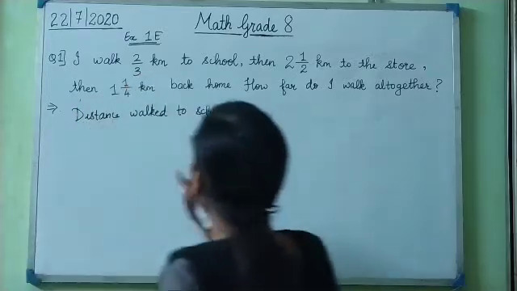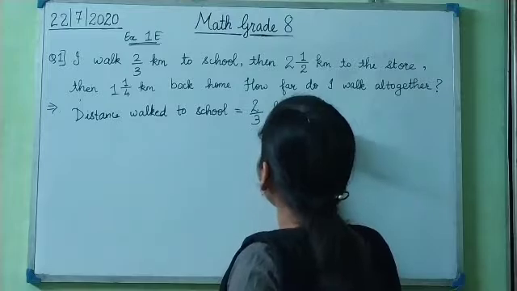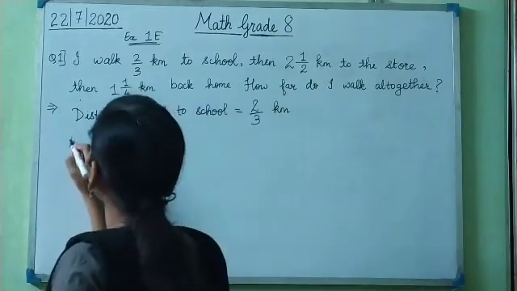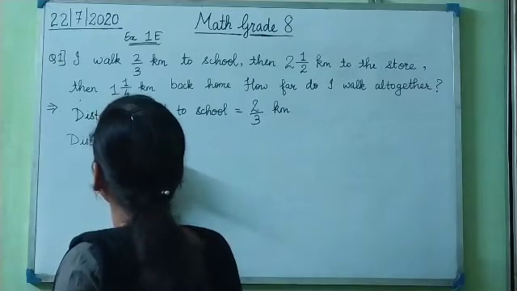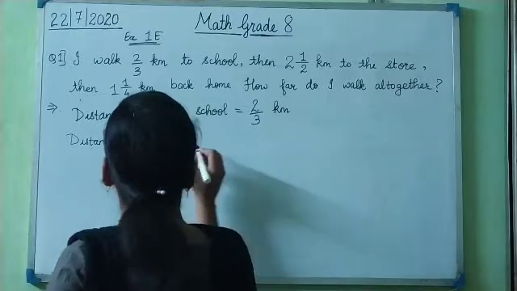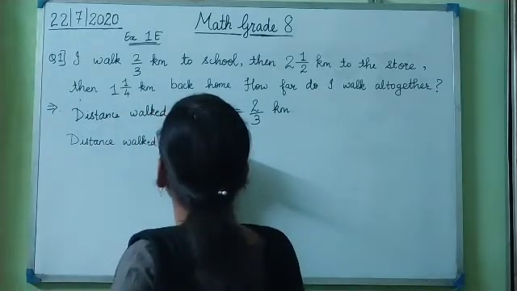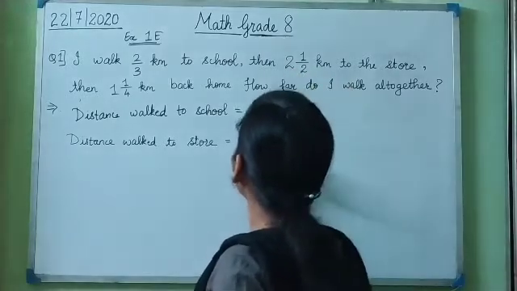So the distance walked to school is how much? 2 by 3 kilometers. Okay, then the distance walked to the store. So how much is the distance walked to the store? It is 1 by 2 kilometers.